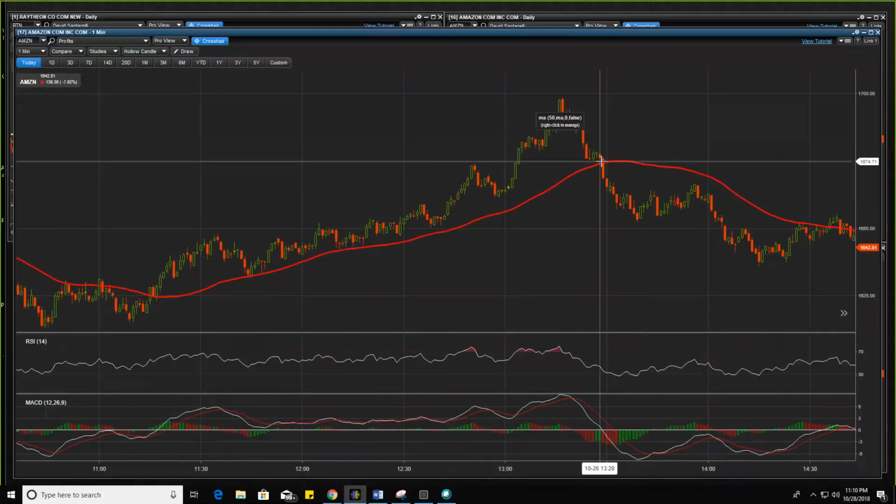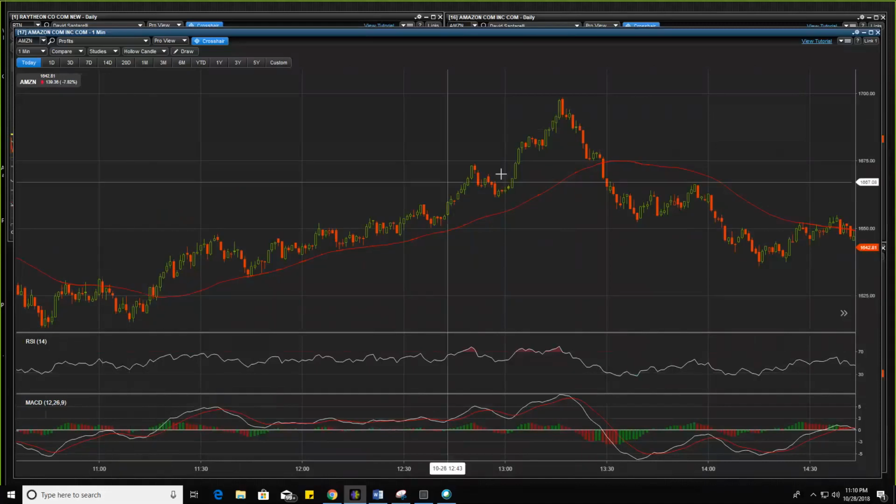Guys, now think about this. 1674.50 minus 1627.50. That's a 47-point climb from our entry to our exit.